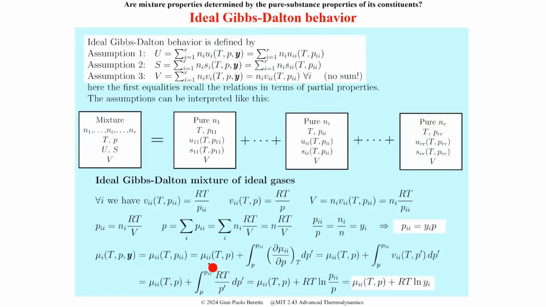Let's see how we could interpret those conditions that define the ideal Gibbs-Dalton behavior.